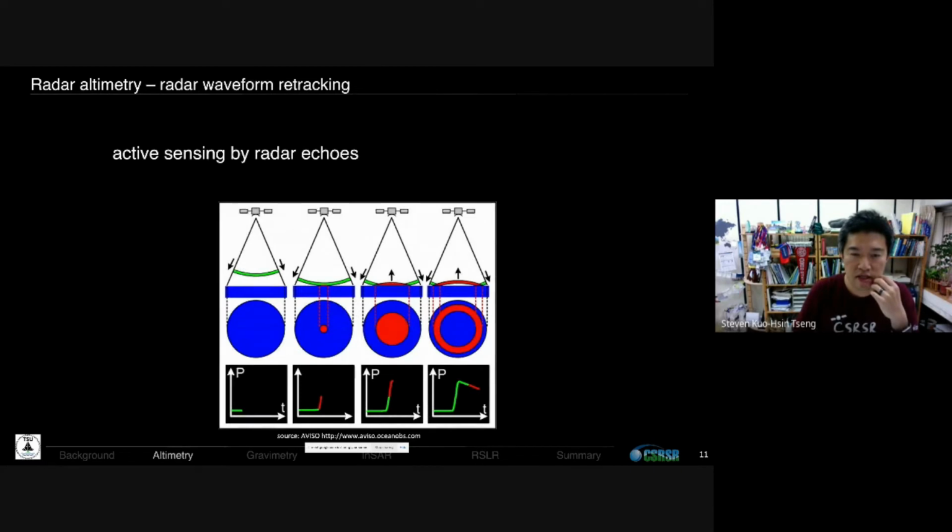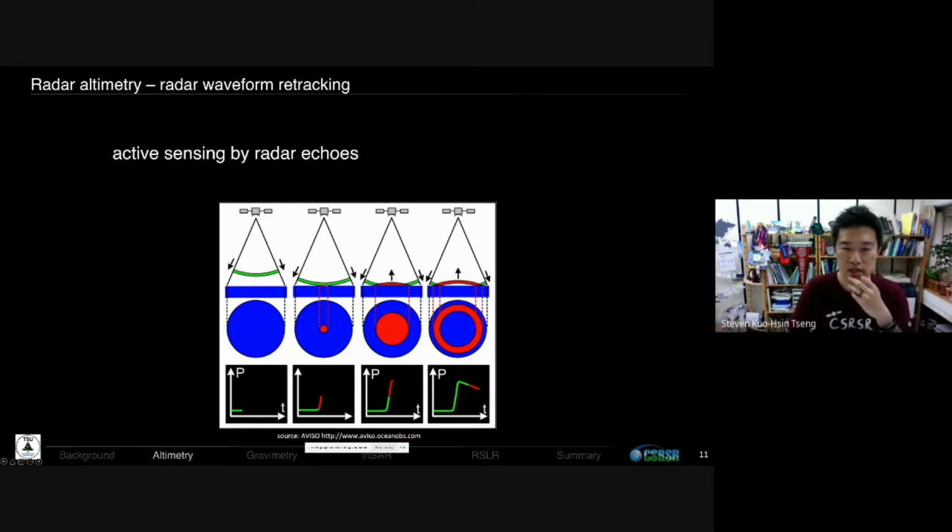Okay, this is another schematic view of the waveform. As I said, when the signal is sent out from the satellite, there is no signal, or only the thermal noise level, in this waveform. X is time and Y is power.